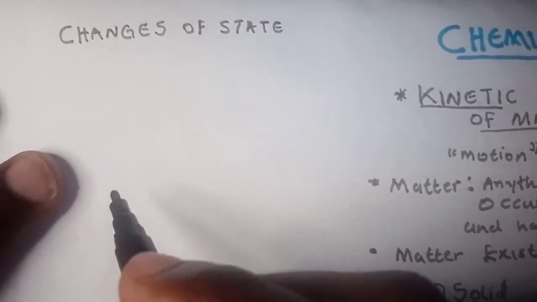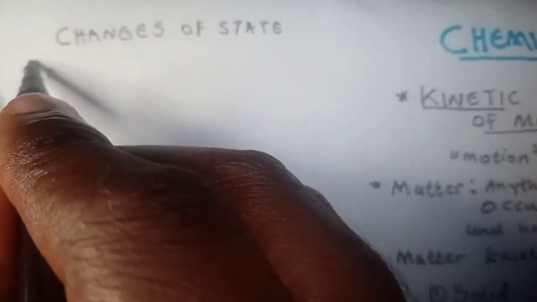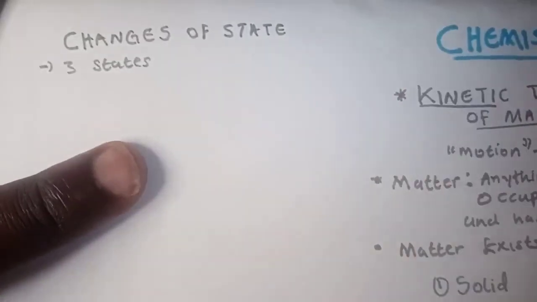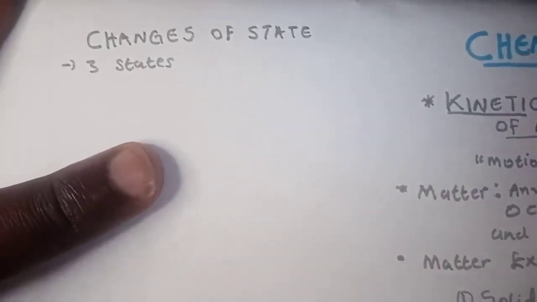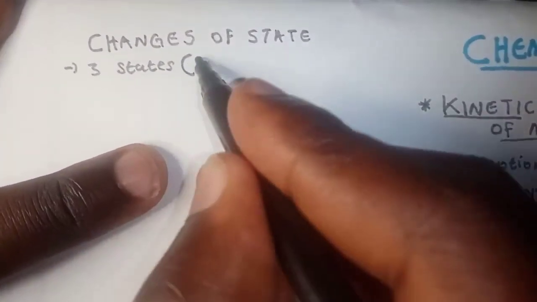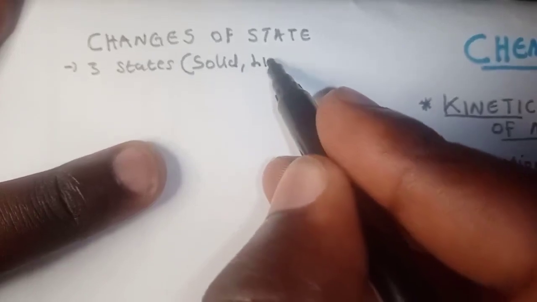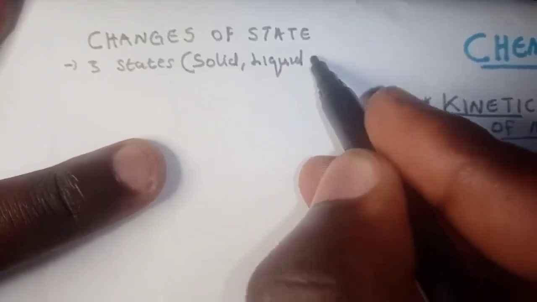So changes of state. We said matter has got three states, and these states are solid, liquid, and gas.